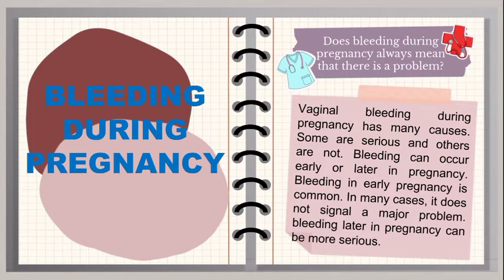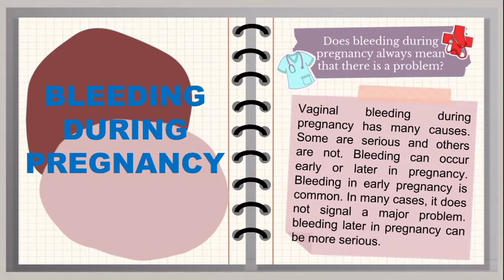So what is the difference between bleeding and spotting? Bleeding is a heavy blood flow, while spotting is just a few drops of blood that you see on your underwear. Up to 1 out of 4 pregnant women have some bleeding or spotting during their pregnancy.